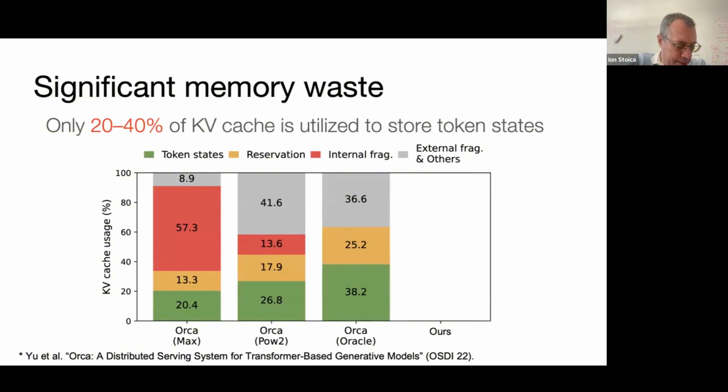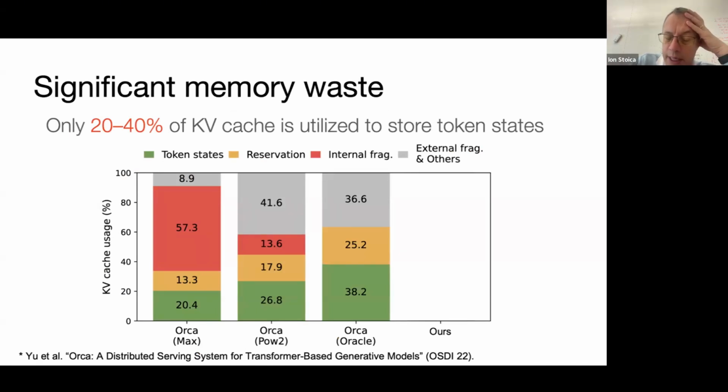Here is the wastage from the different kinds of fragmentation: internal, reserved, and external. The only thing you need to look at here is the green part. The green part shows how much of the entire KV cache you are really using, and how much is lost due to fragmentation.